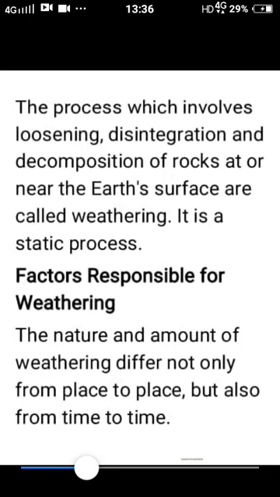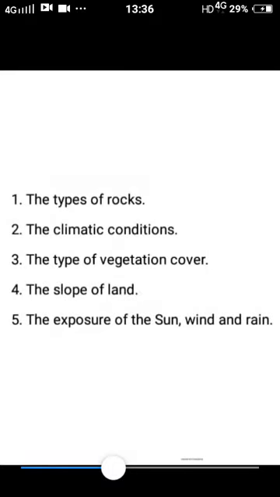Here are the factors responsible for weathering. The nature and amount of weathering differ not only from place to place but also from time to time. It can change according to the place and according to time. Sometimes heat or cool, and the place, sometimes desert parts, sometimes mountain areas and sometimes flat surfaces.